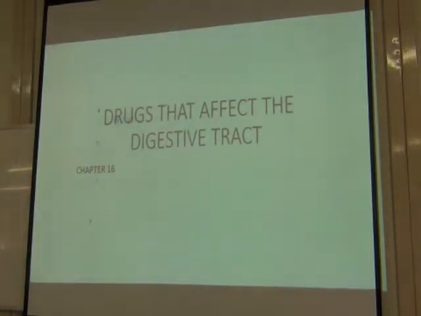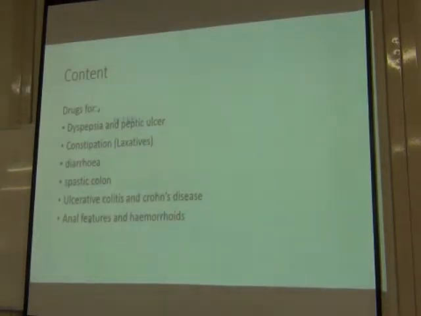Can you tell me which parts of the body make up the digestive tract, or the gastrointestinal tract? The oral cavity, the esophagus, stomach, pharynx. Okay, good. So we're well aware of the parts of the body that make up the digestive tract.